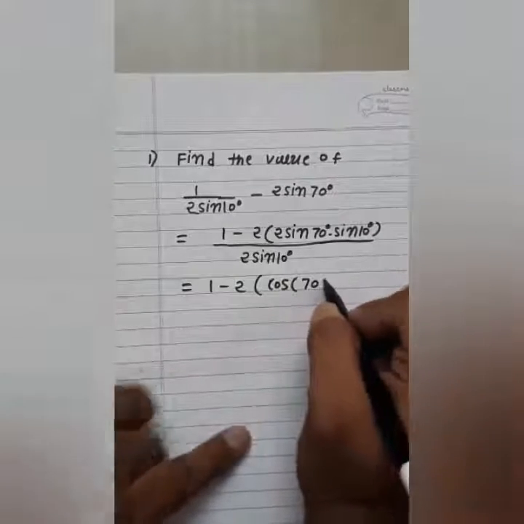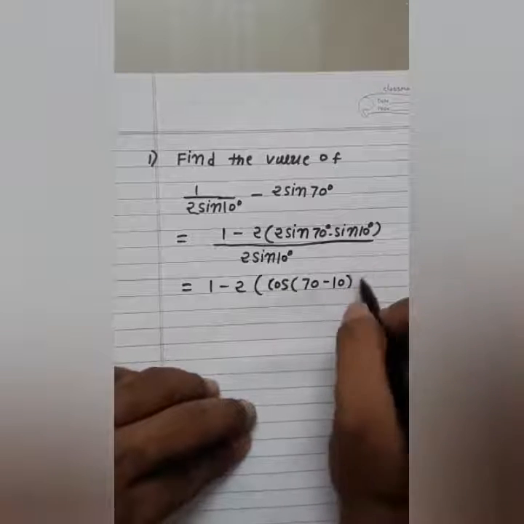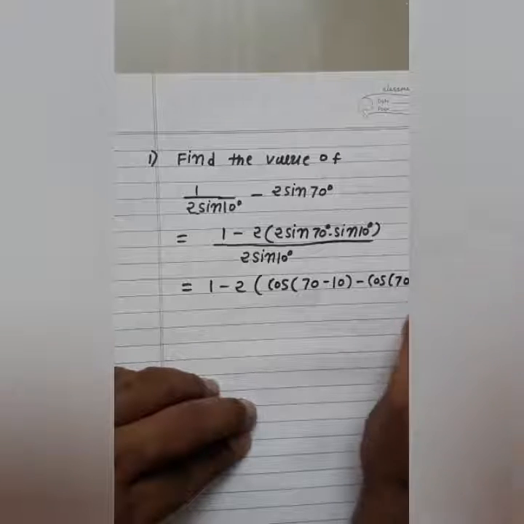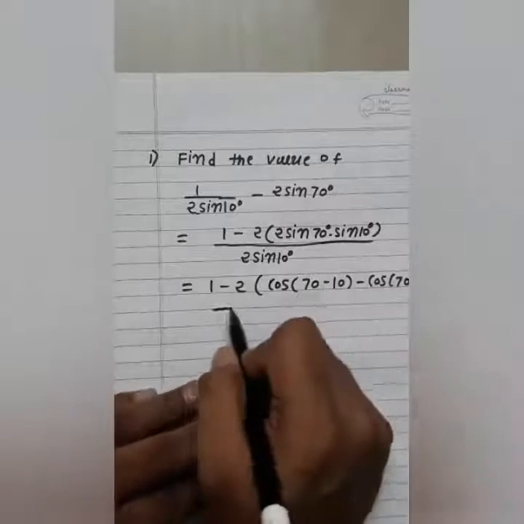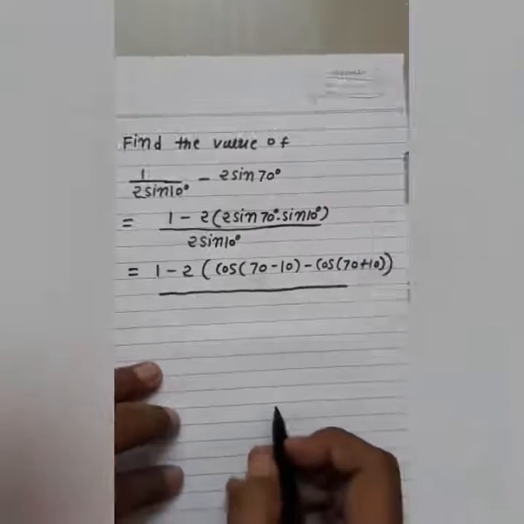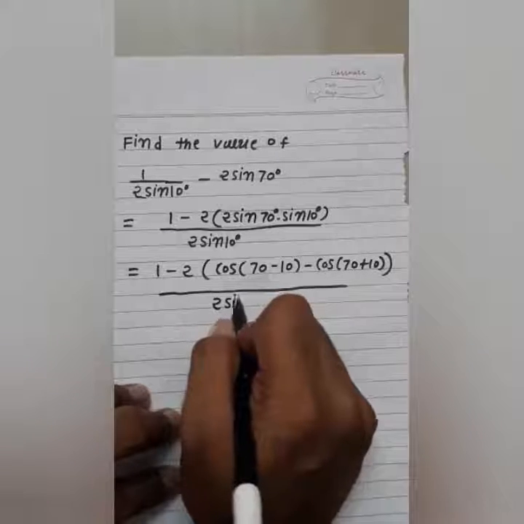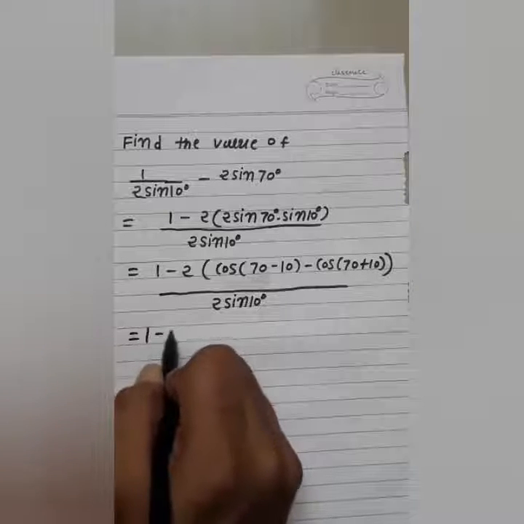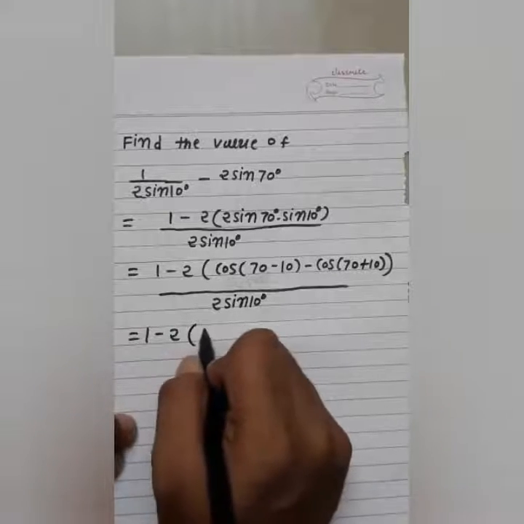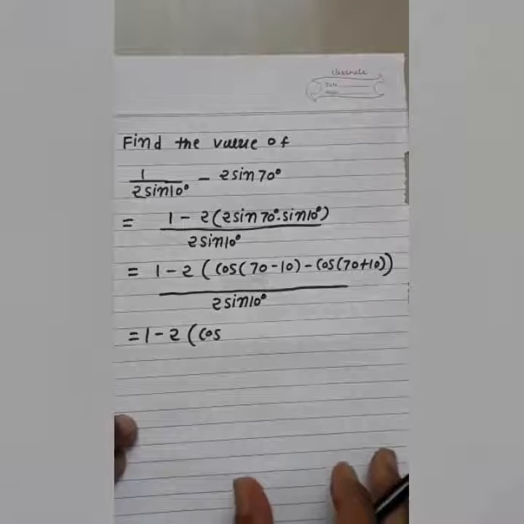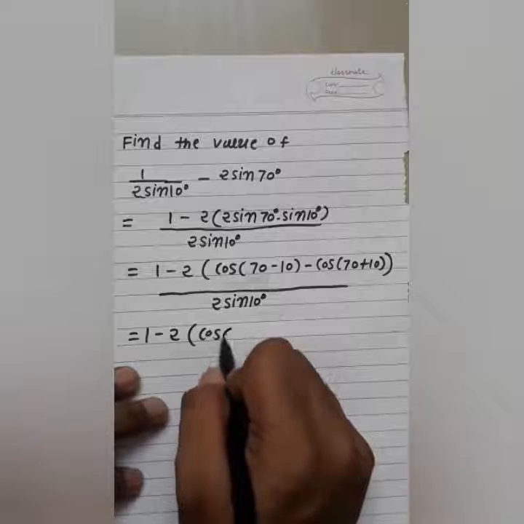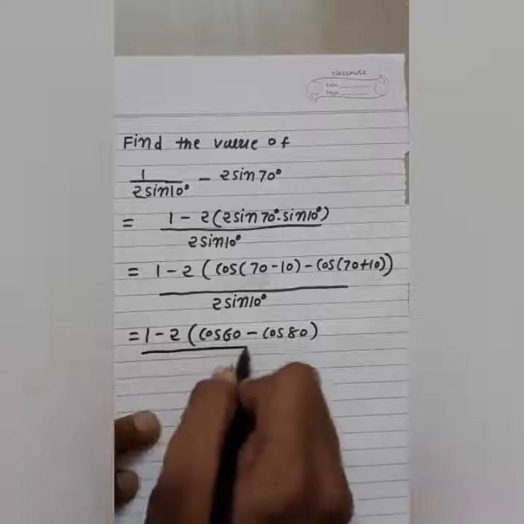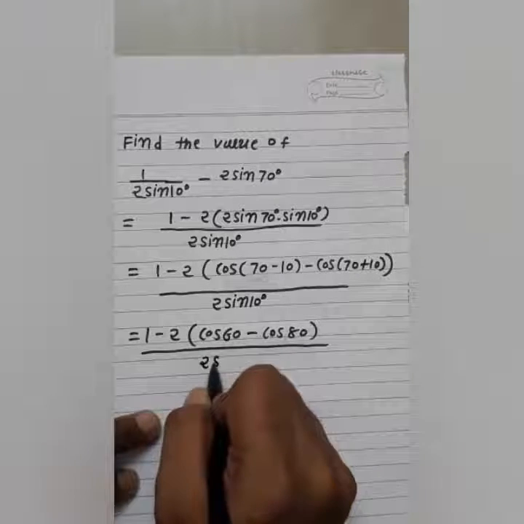So cos(70 degree minus 10 degree) minus cos(70 degree plus 10 degree), over, in the denominator, 2 times sine 10 degree, is equal to 1 minus 2 into bracket cos 60 degree minus cos 80 degree upon 2 times sine 10 degree.